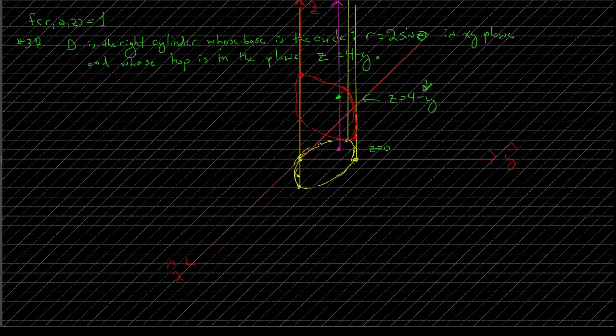But y is not in cylindrical coordinates. So I have to use the transform on y and have 4 minus, well, what is y? Y is r sine theta. So I have the first part of my integral set up here. I have z equals 0 to z equals 4 minus r sine theta.